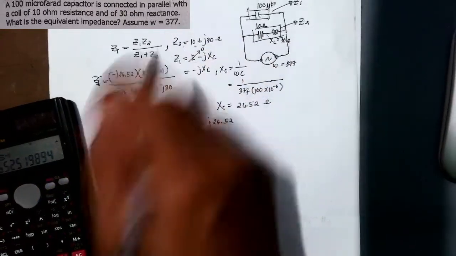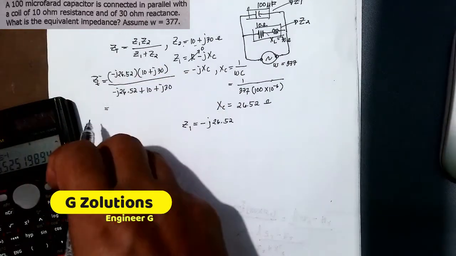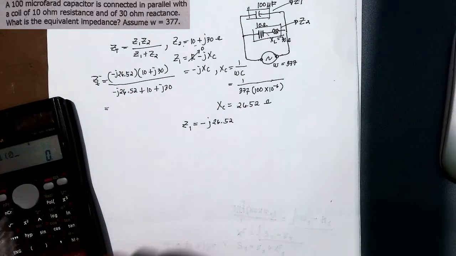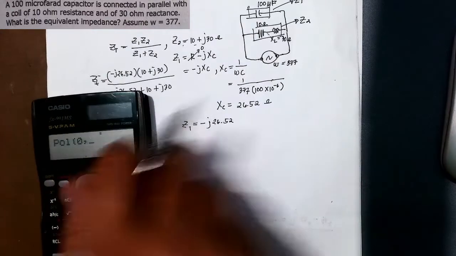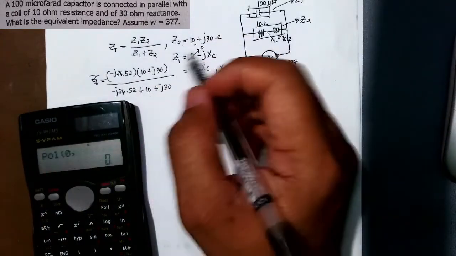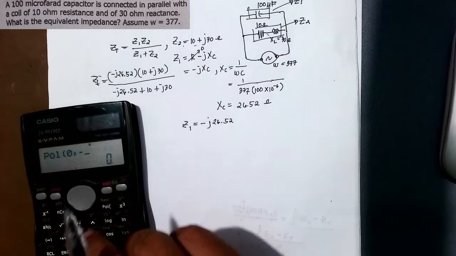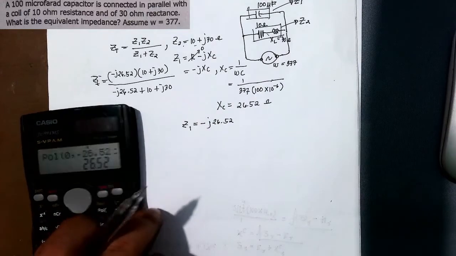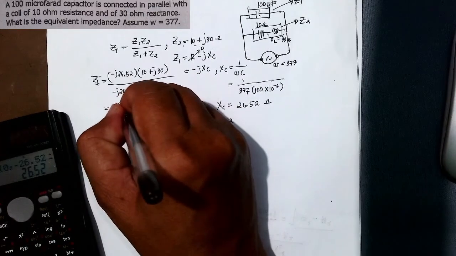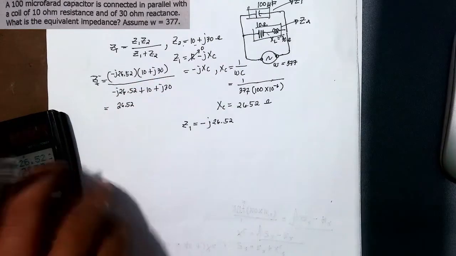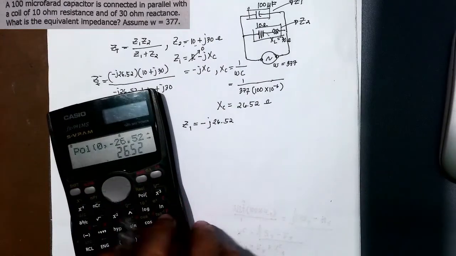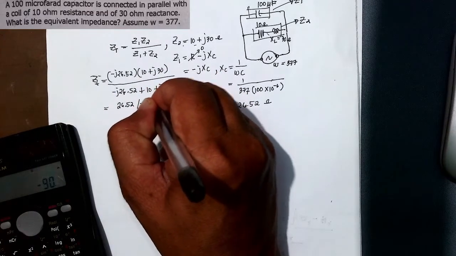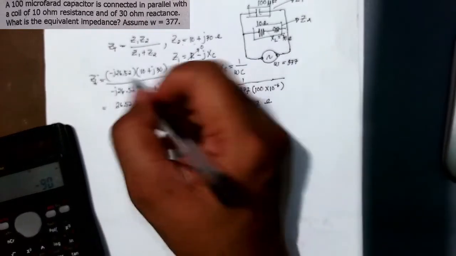So what is the polar form of this one? Negative J 26.52 will be 0 comma 26.52 in my calculator. The real part of that is 0, and the magnitude is 26.52. What is the angle? The angle is negative 90 degrees, since that has no real part.